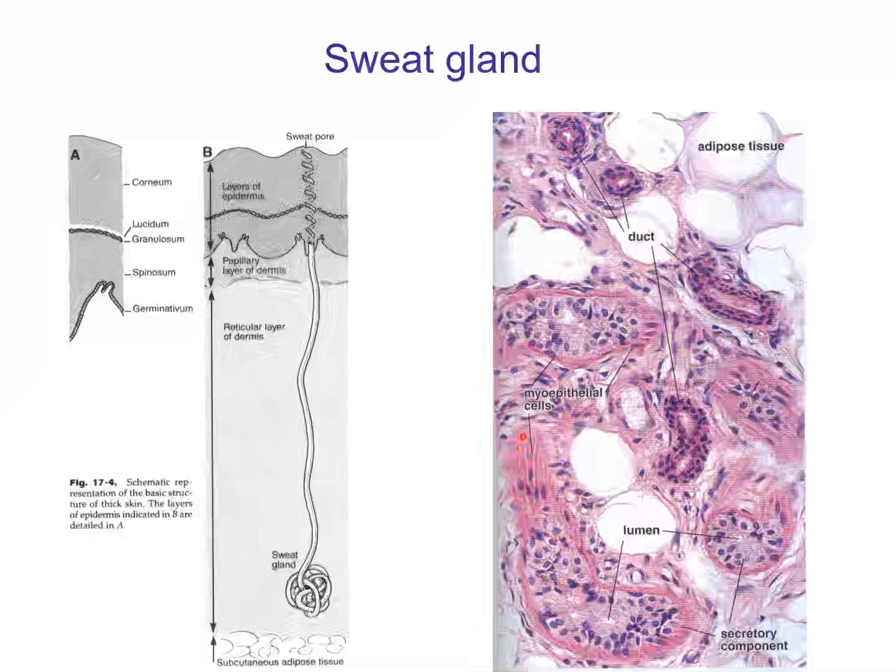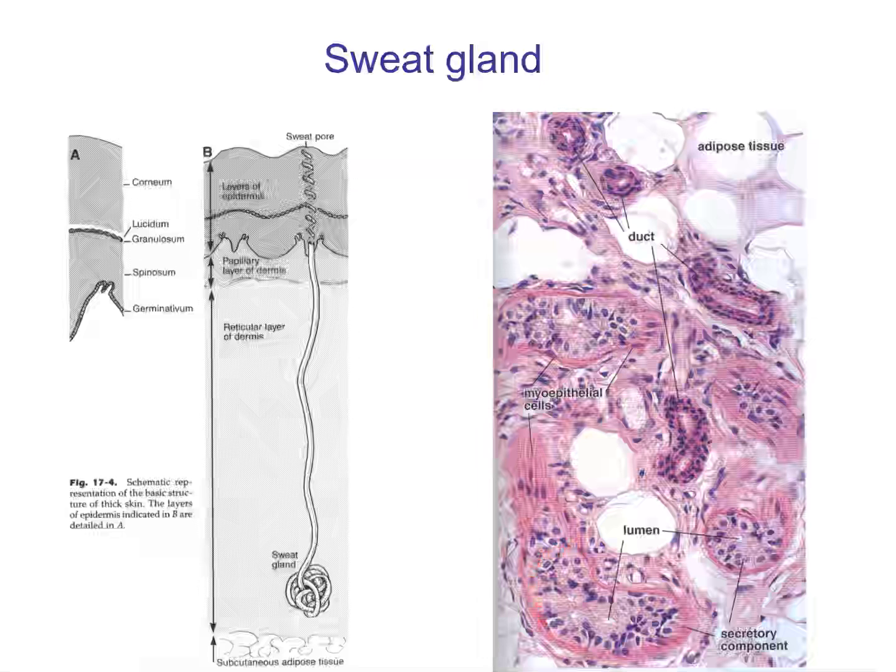In the gland, this is the myoepithelial cell. The glandular portion contains dark cells and light cells. It is very difficult to identify the dark and light cells. The dark cells are towards the lumen and the light cells are towards the base of the gland. So, the identifying points for differentiation between the ducts and glands are: the diameter of the glandular portion is larger than the diameter of the ducts.